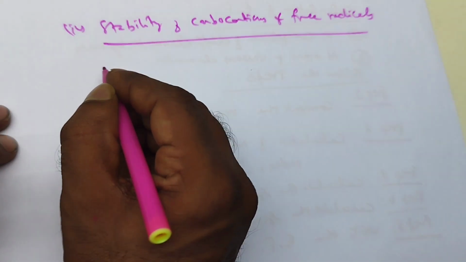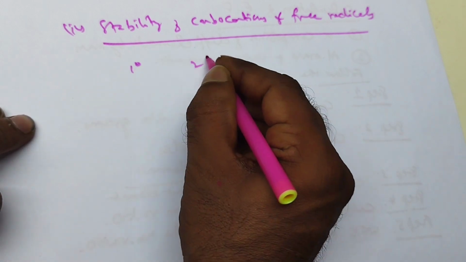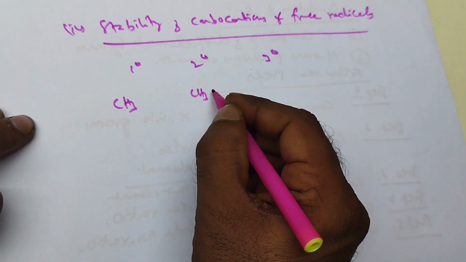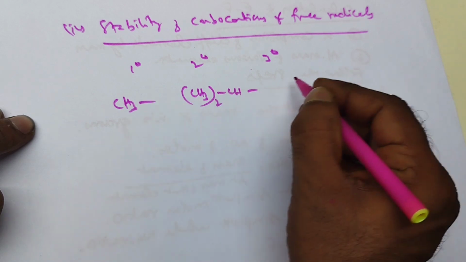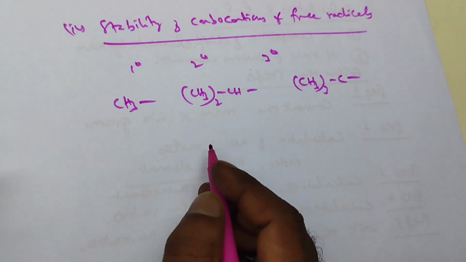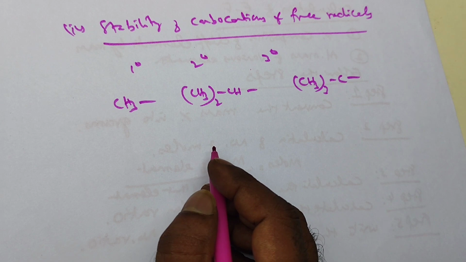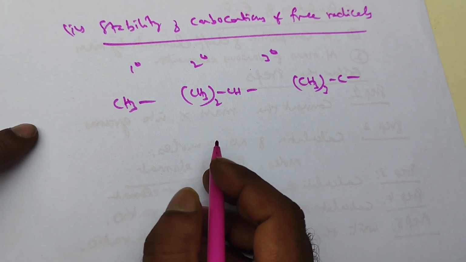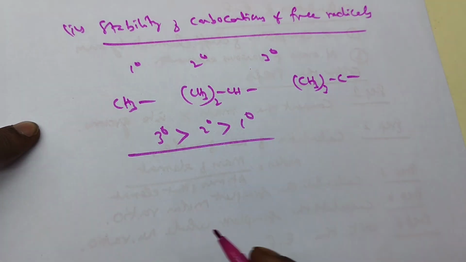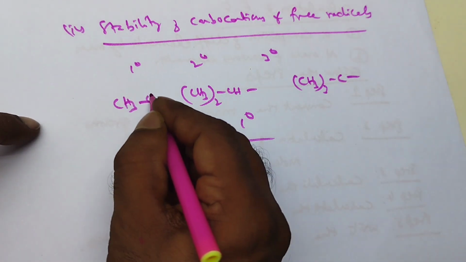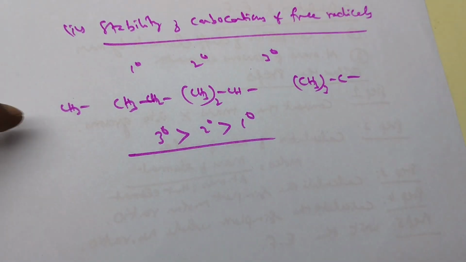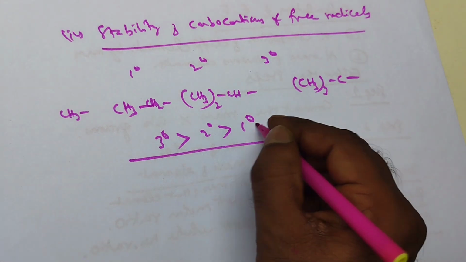Due to the presence of the hyperconjugative effect, when we compare the primary, secondary and tertiary carbocations, like CH3CH2, (CH3)2CH, then (CH3)3C, which is more stable, and what is the reason behind this? That is due to the hyperconjugative effect. So the tertiary is more stable than the secondary, which is more stable than the primary. Yes, when we compare all of these, this is the order.